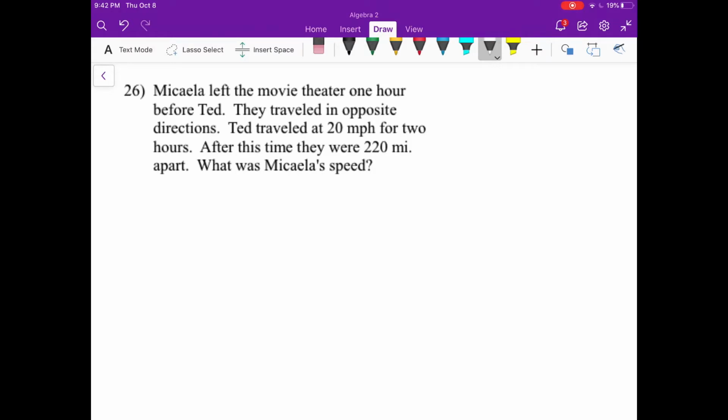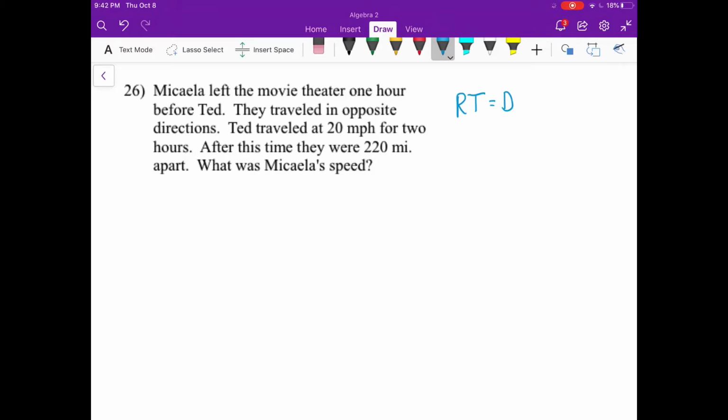What was Michaela's speed? Well, this is clearly a problem that relates to distances. And we know that with distances, rate times time equals distance. So we're going to remember that rate times time equals distance. Now, when we work with these questions, there's usually some type of relationship between the distances.